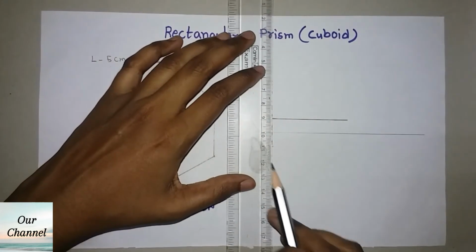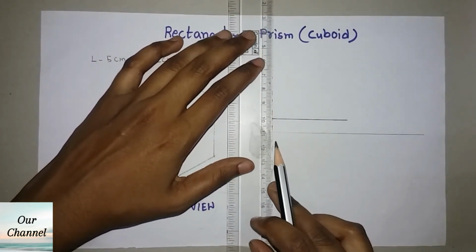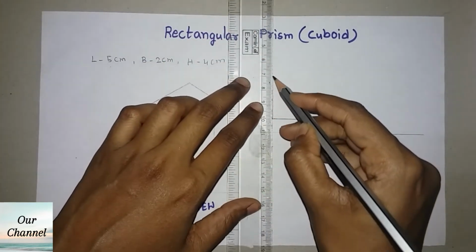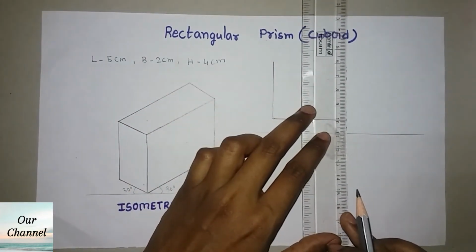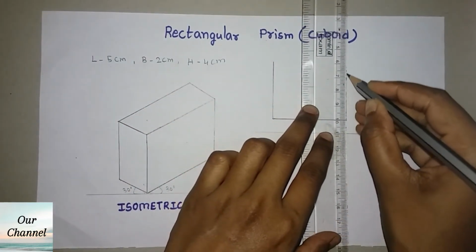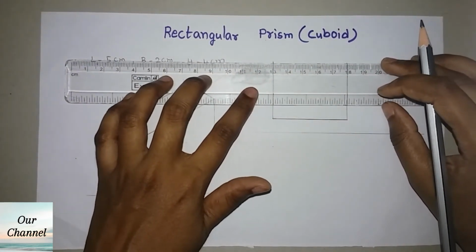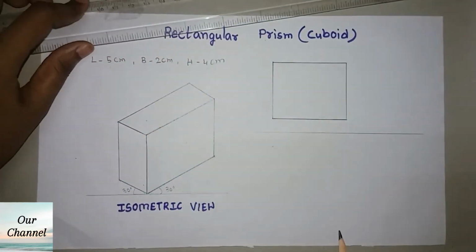We should draw exactly perpendicular to this line or this line. The height is 4 centimeters, and this side also the same. We should draw 4 centimeters. Now join these both lines. So this is our front view.